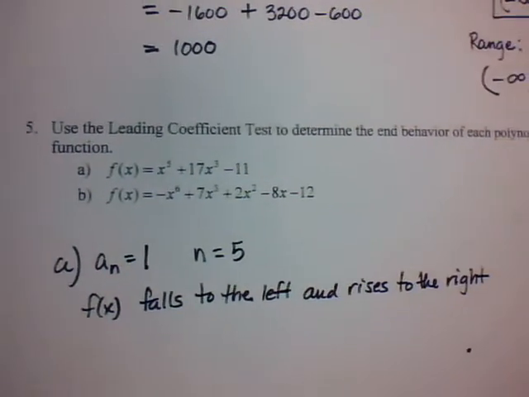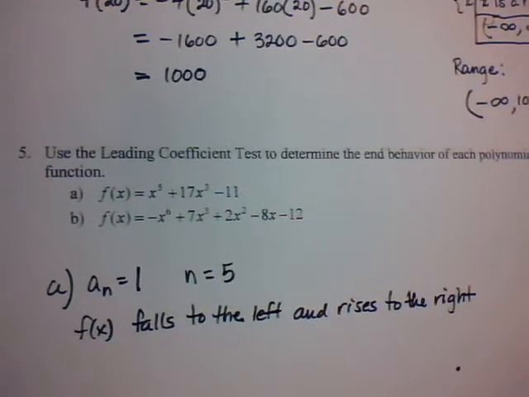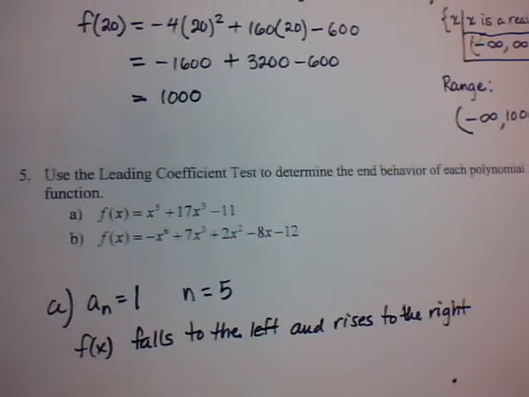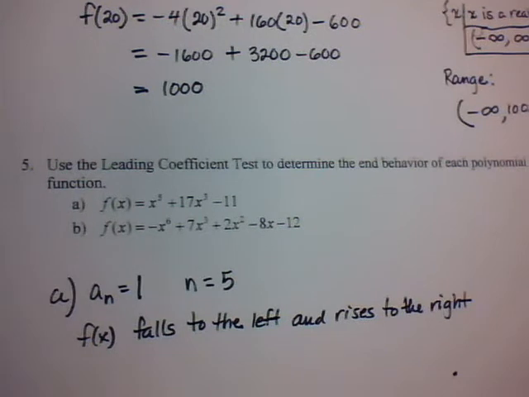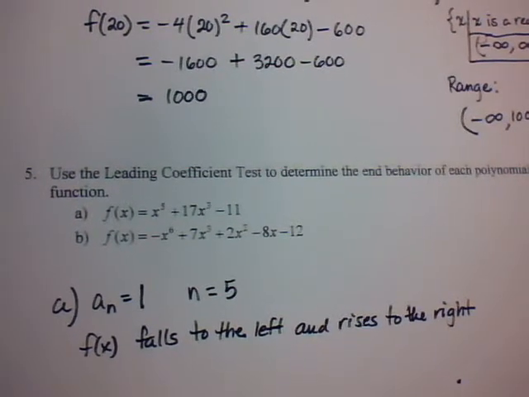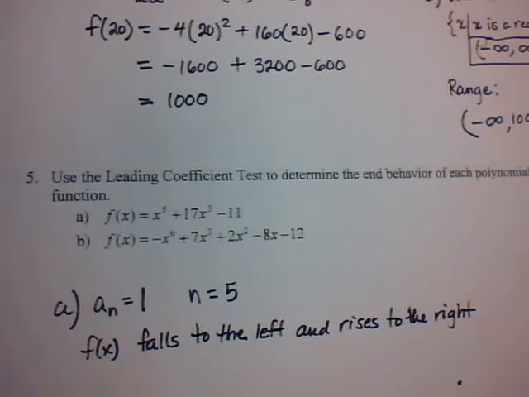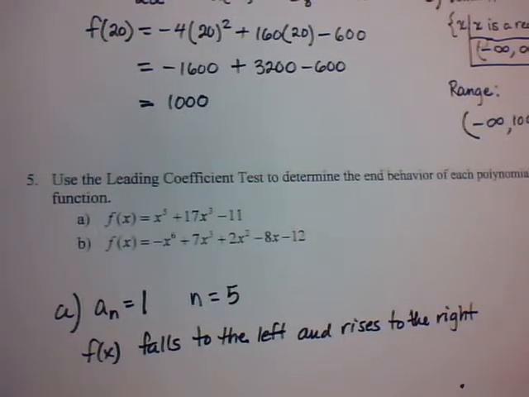That's the end behavior for this particular graph in part A. Now, you do not have to do this, but if you wish to put that equation in the calculator yourself, you will see what that end behavior looks like.